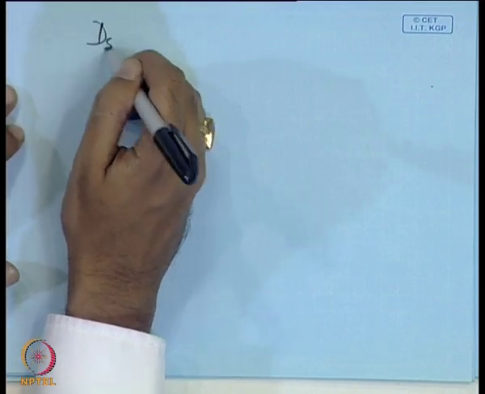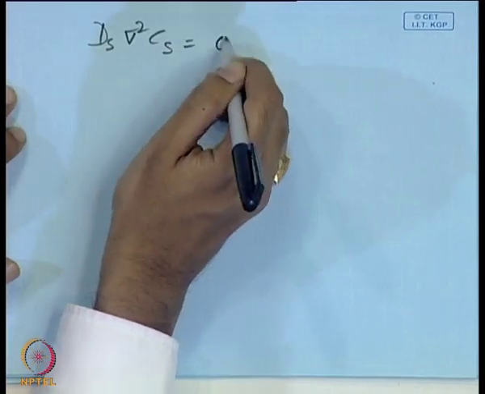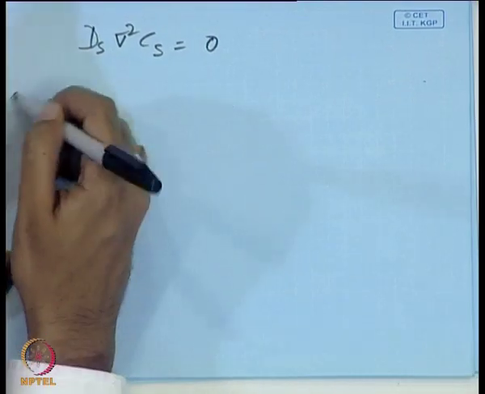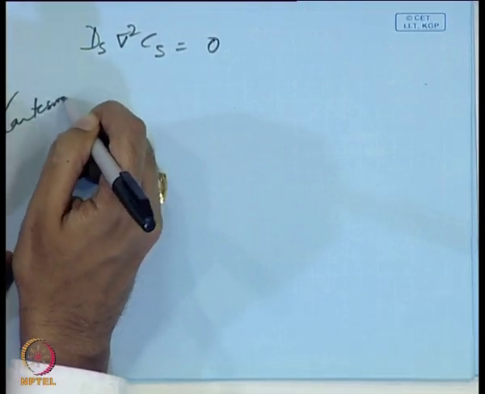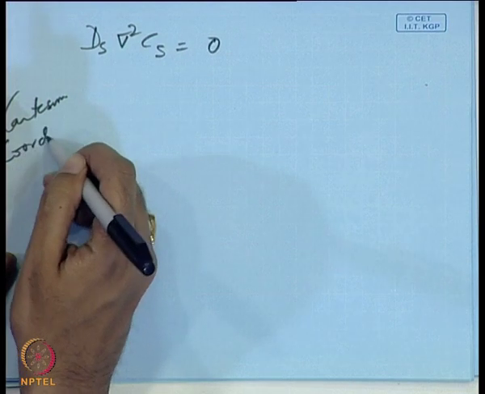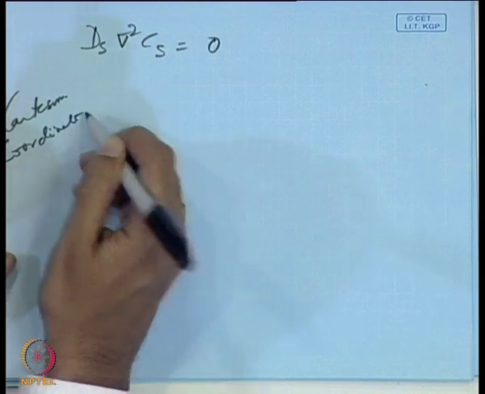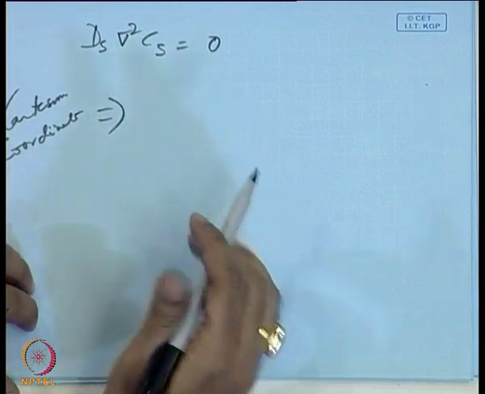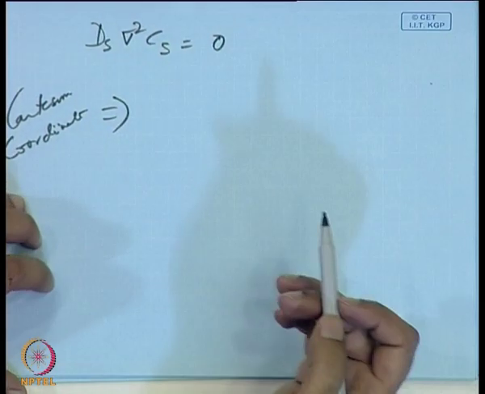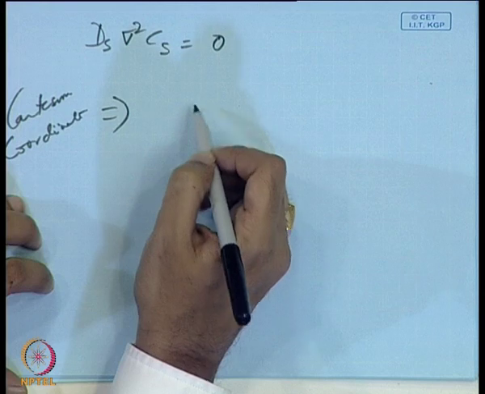So if this is what it is, then how do you write this in the Cartesian coordinate? I am writing it for all coordinates one time, so that you remember this and I do not have to go through it again and again.